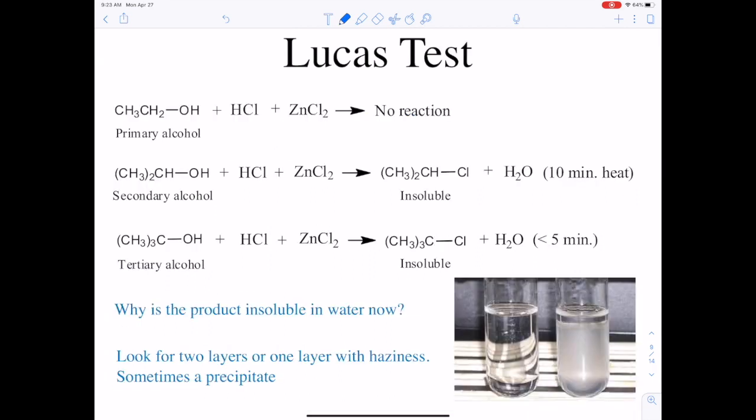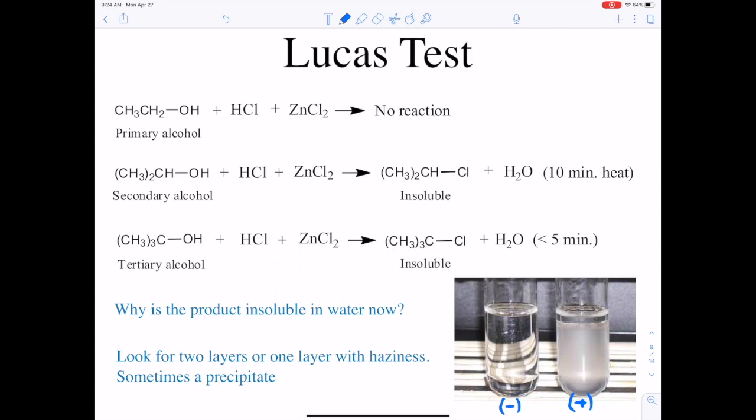So you can see here a picture in the lower right. The negative test is on the left, and the positive test is on the right.